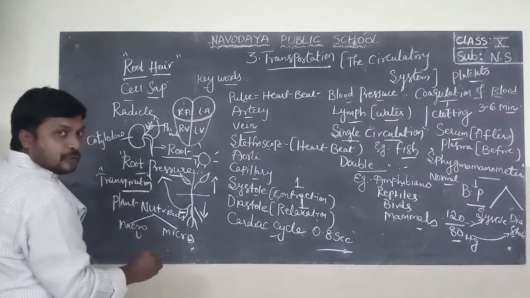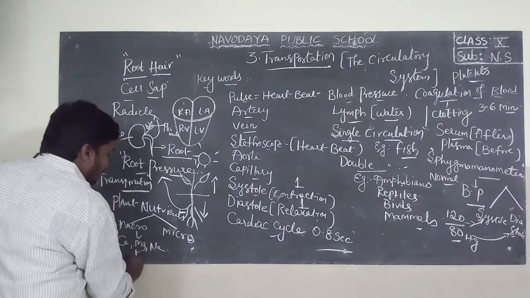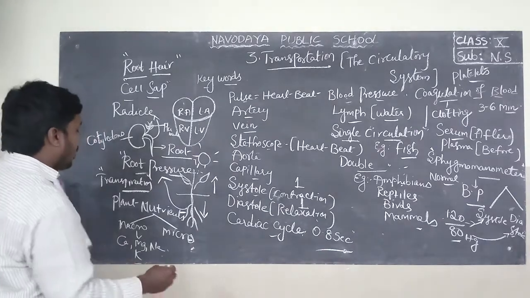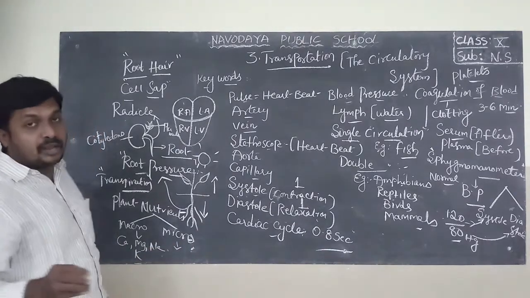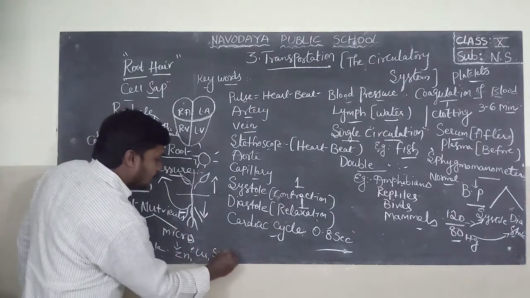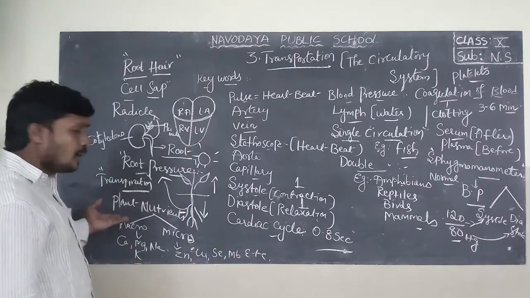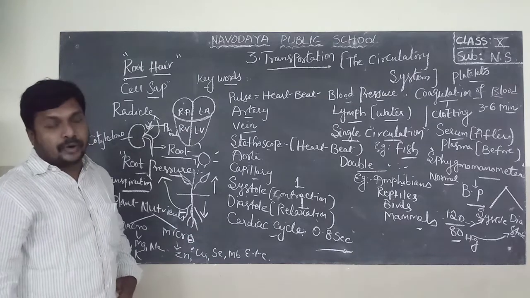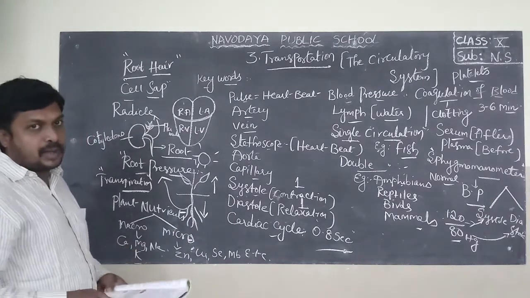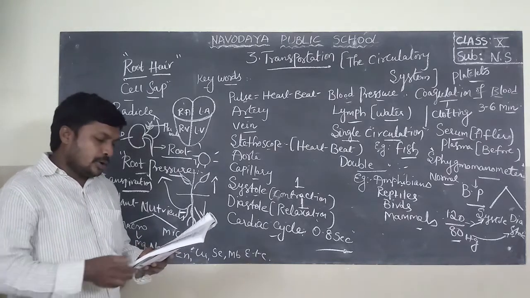For example, calcium, magnesium, sodium, potassium are macronutrients, required in large quantities. Micronutrients are required in small quantities, that is zinc, copper, selenium, molybdenum, etc. Both are required by plants, but some in large quantities, some in small quantities.